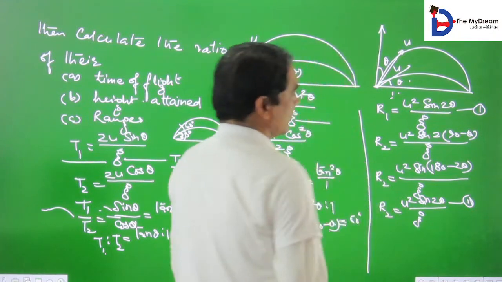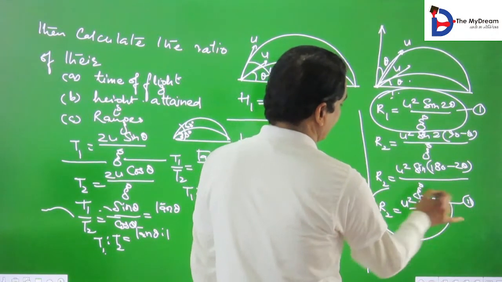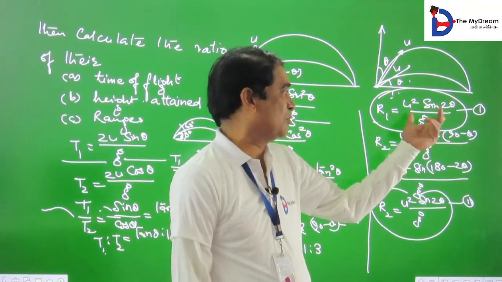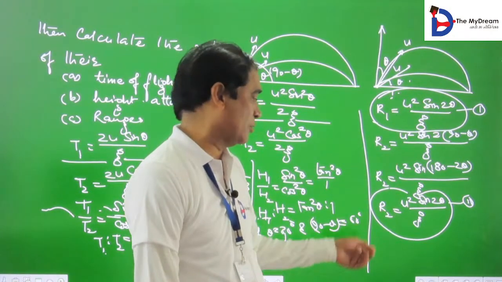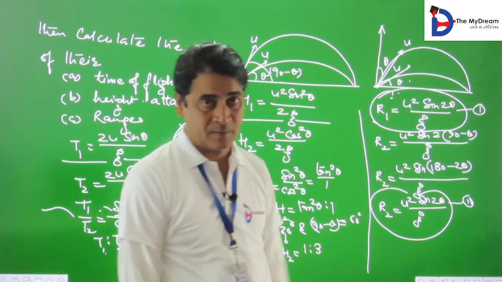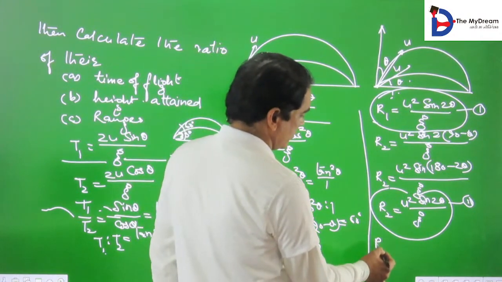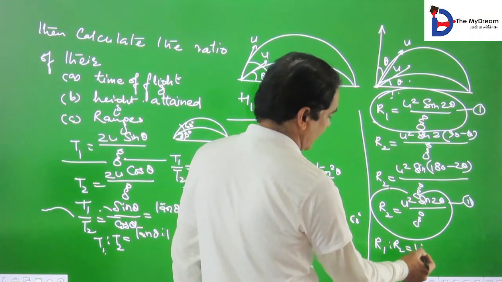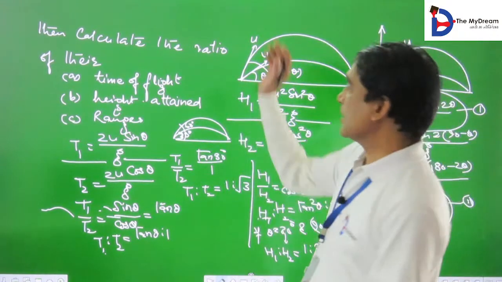As you see, the magnitude of R1, that is u square sin of twice of theta divided by g, similarly, you see R2 is equal to u square sin 2 theta by g. They are equal in magnitude, which shows the ratio of their ranges is equal to 1 is to 1. Got it? तो हमने क्या पता करा बेटा?